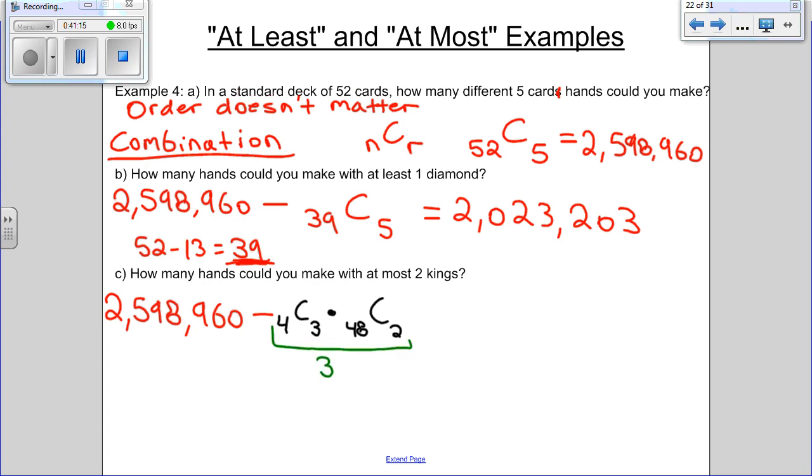So to subtract all 4 kings, there's 4 kings to choose from. You need all 4. There's 48 non-kings to choose from. You need to choose just 1. Make your 5 card hand. That is all 4 kings.